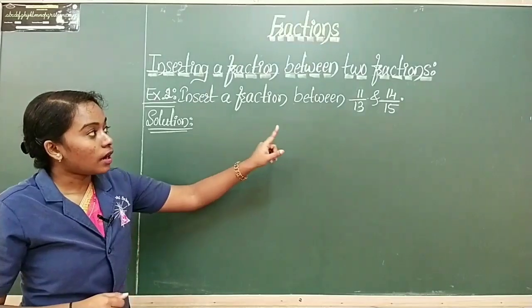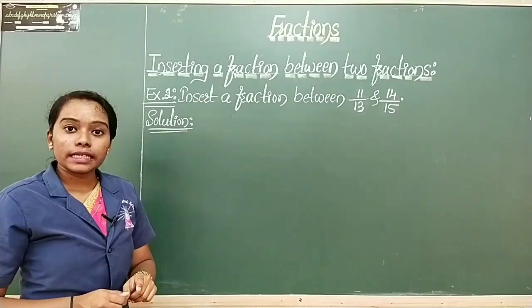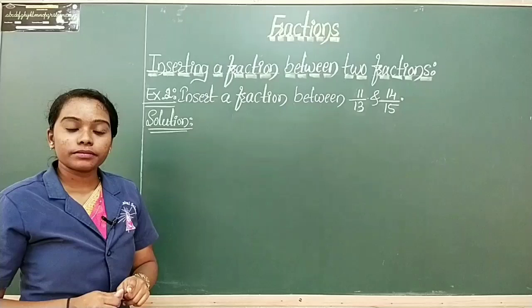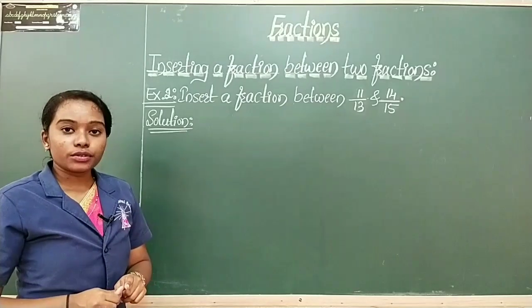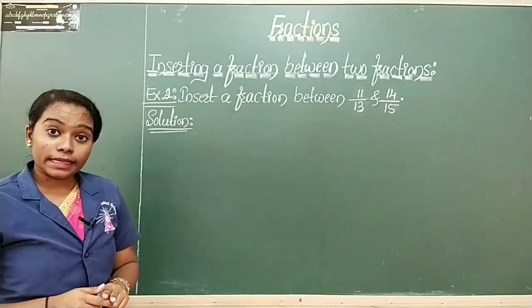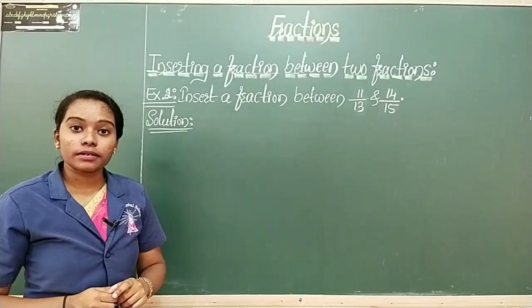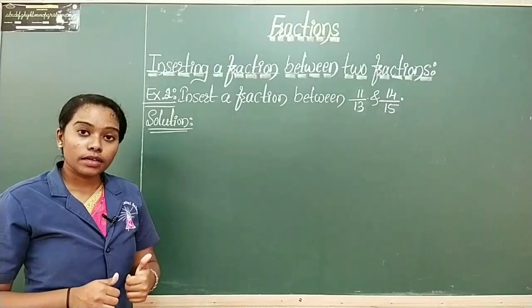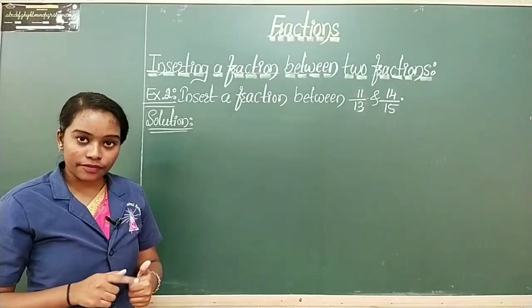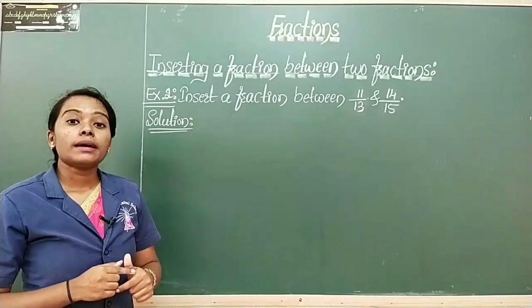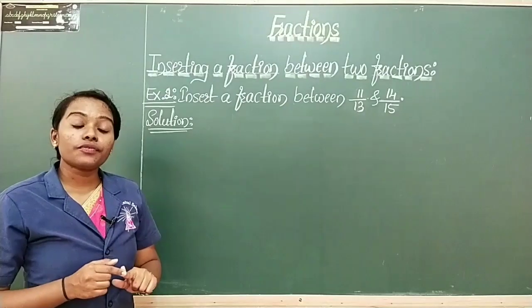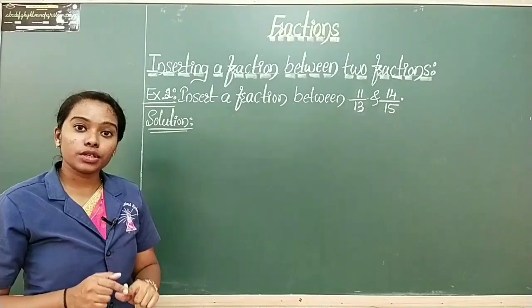Here, with unlike fractions, it is difficult to compare them. I have told you, we have two methods to compare unlike fractions: either by converting them into like fractions or by converting them into fractions with the same numerator.